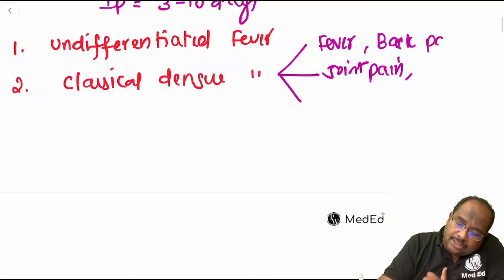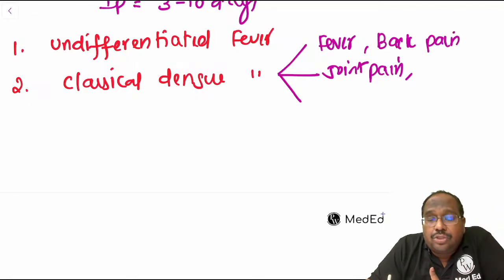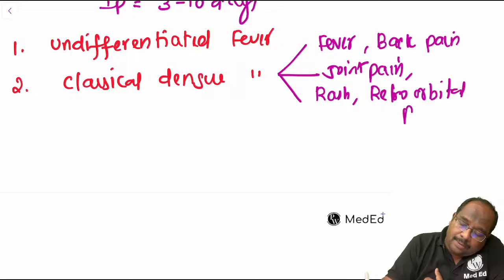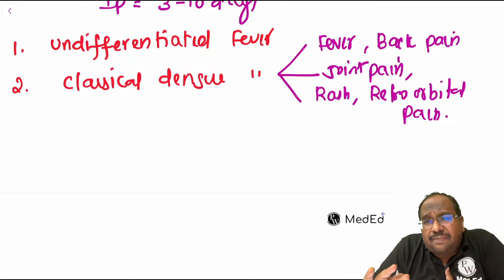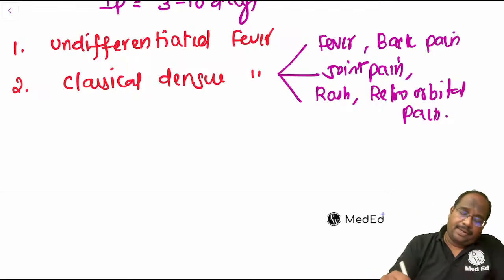Chills you may not find here, chills you will find in malaria more. Rash will be there, and retroorbital pain. These are features of classical dengue fever, and both these conditions will be self-limiting.